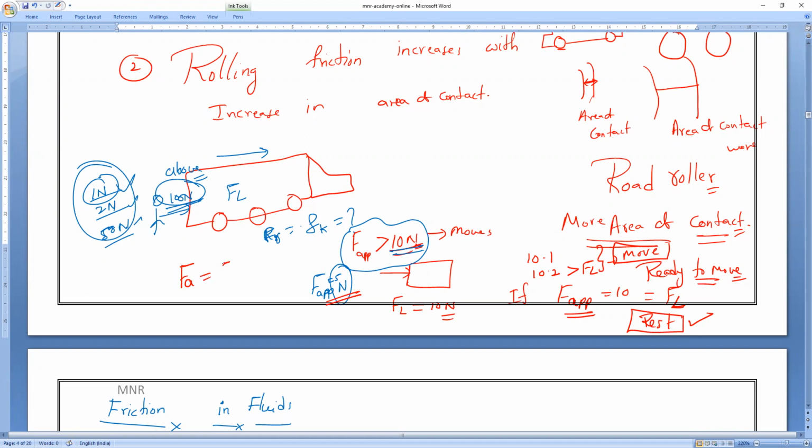Understand, Mari? Yes, sir. Please note the statement: if the applied force is less than limiting friction, then the applied force is equal to static friction. Okay, guys?